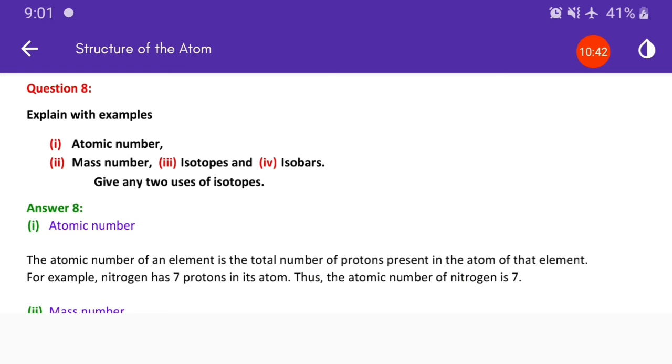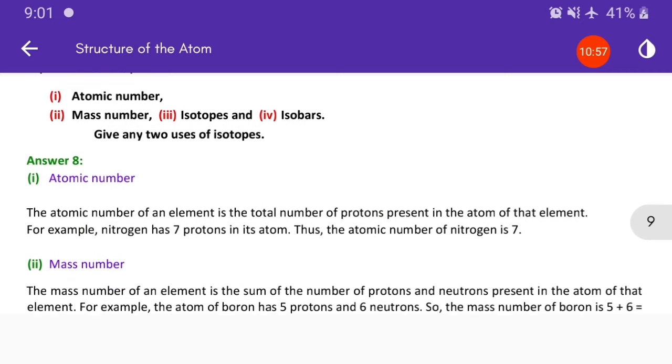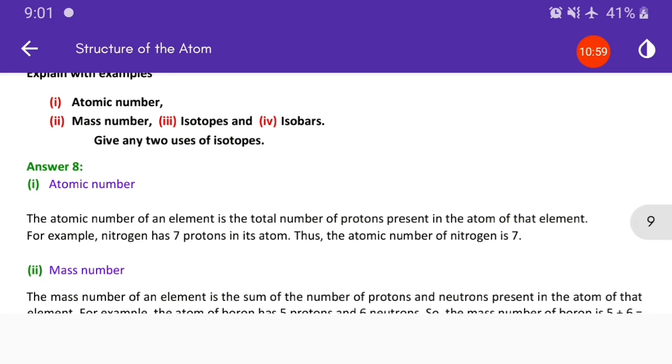Explain with examples atomic number, mass number, isotopes, isobars. Give 2 uses of isotopes also. So here, atomic number. The atomic number of an element is the total number of protons present in the atom of that element. So the total number of protons we consider as the atomic number.